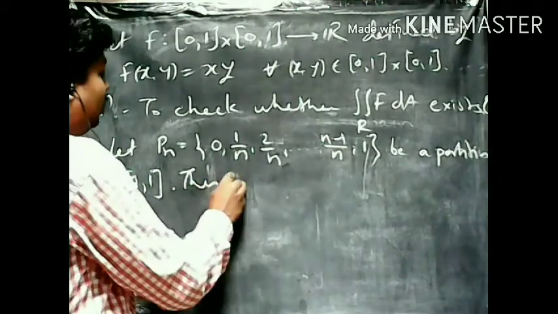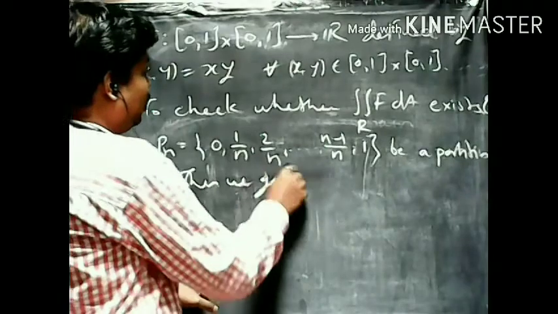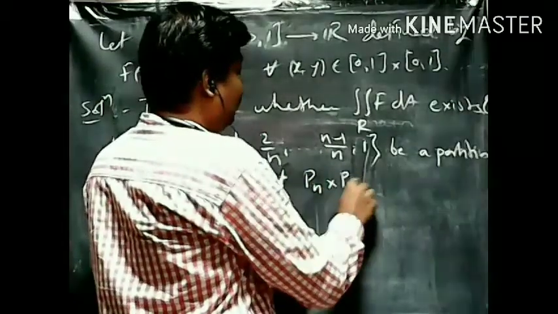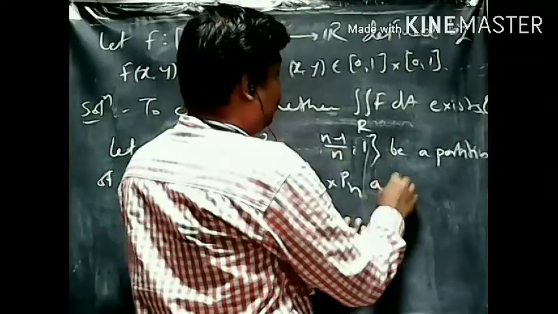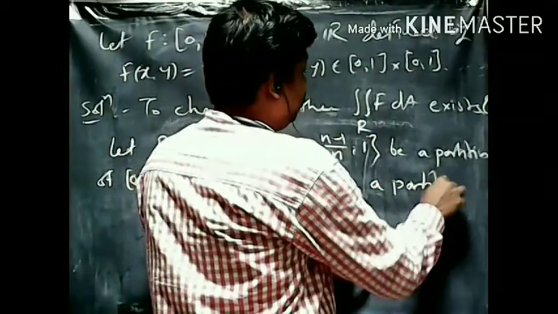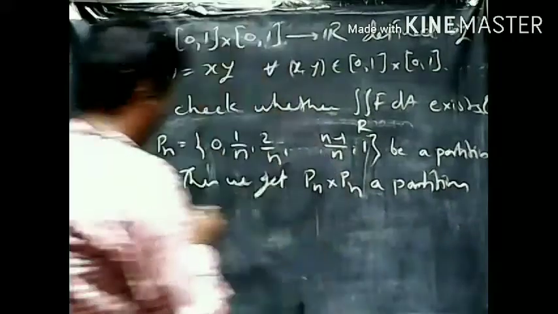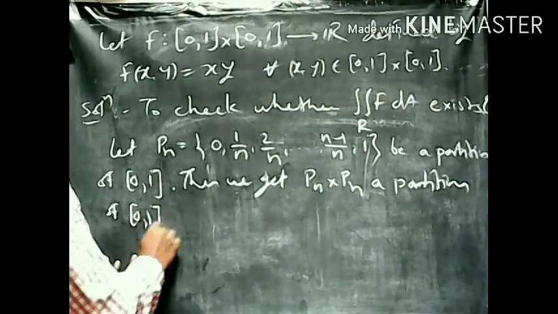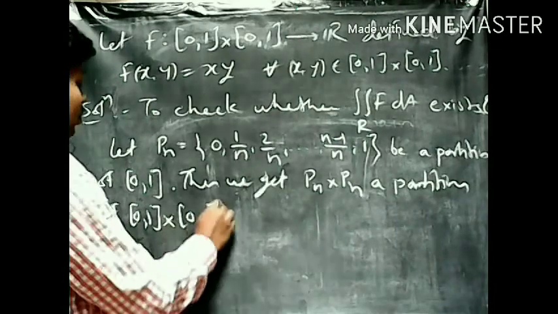Then we get Pn cross Pn, a partition of [0,1] cross [0,1].